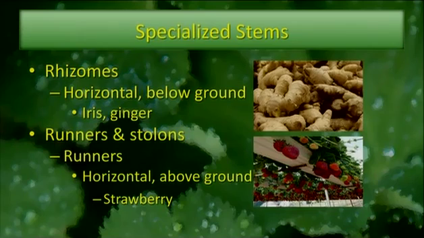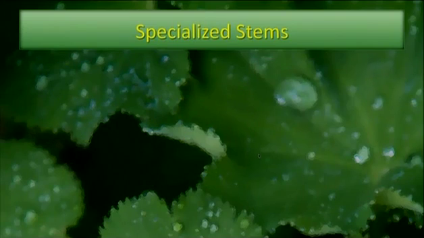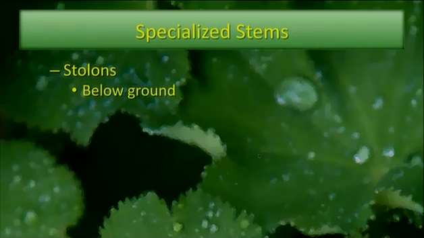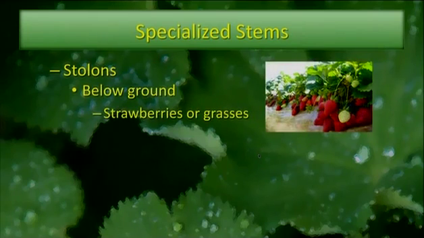A spider plant also reproduces asexually through runners. Now stolons are below ground, and they grow in different directions, not only horizontally. Strawberries or grasses can grow stolons.